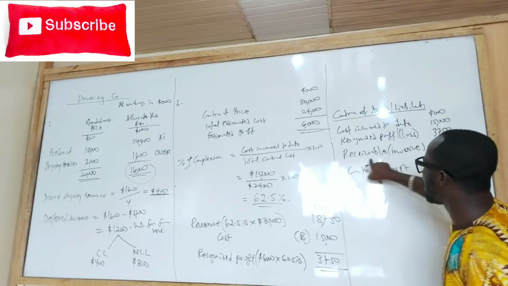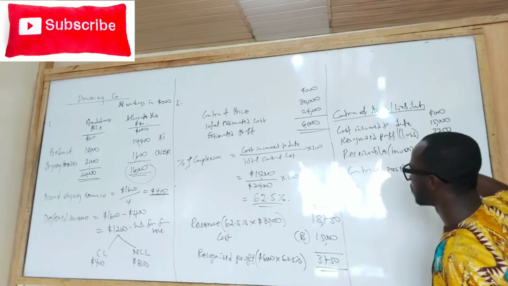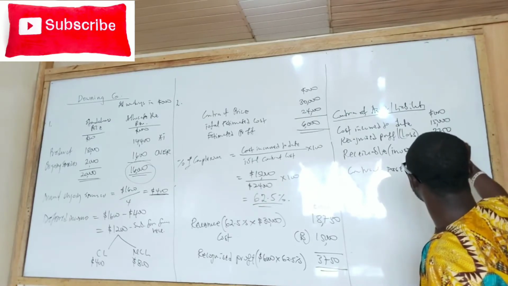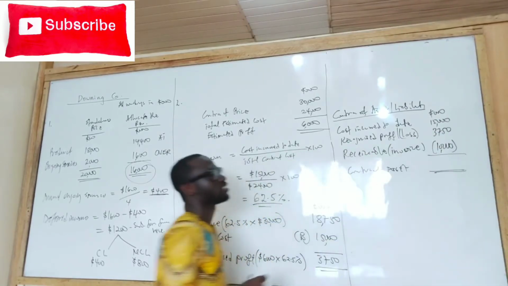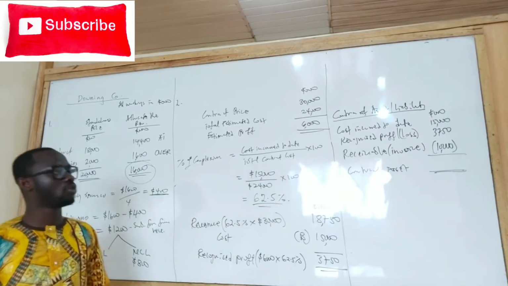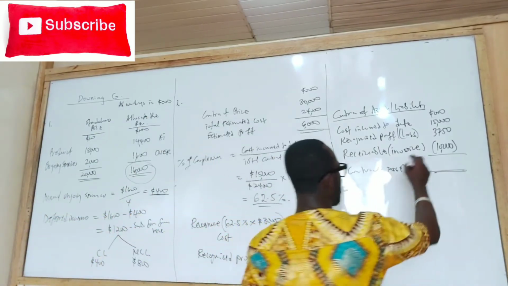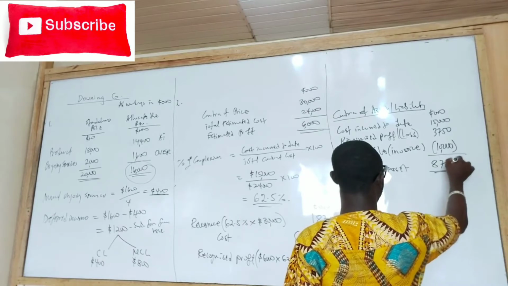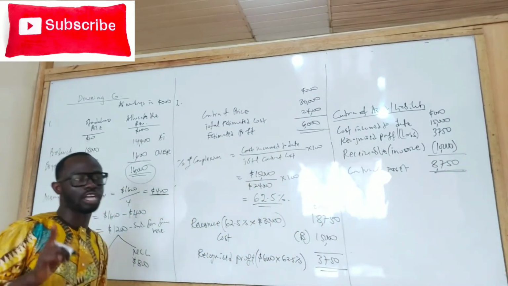Receivables: how much did we receive from the customer during the year? 10 million, so 10,000. We less that. And the balancing figure gives us the contract asset, and that will go to our balance sheet. What do I get for that? 8,750. So that's the contract asset.